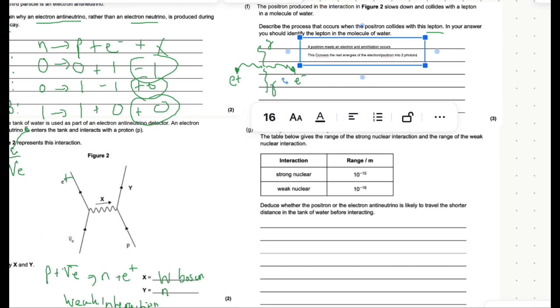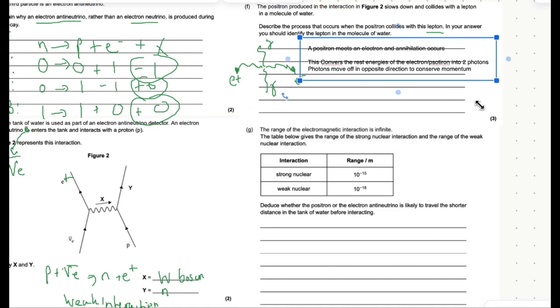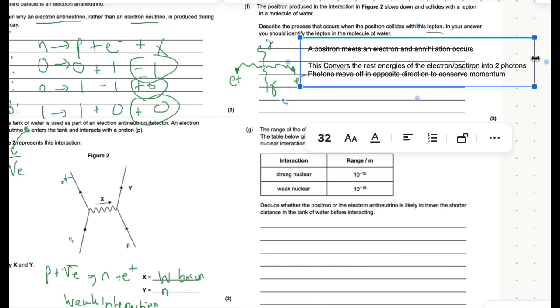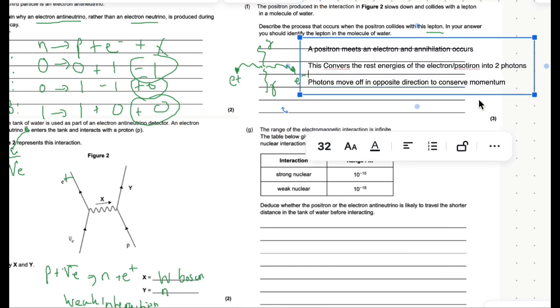That will get you a second mark. And your third mark is for saying the photons move off in opposite directions to conserve momentum. Perfect. Okay, seems there's a few spelling errors. Sorry about that. I'm very bad at typing, as you can see.